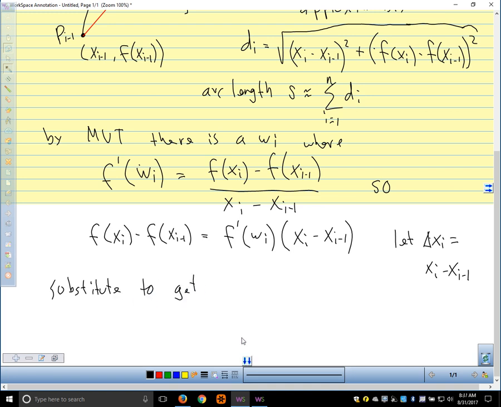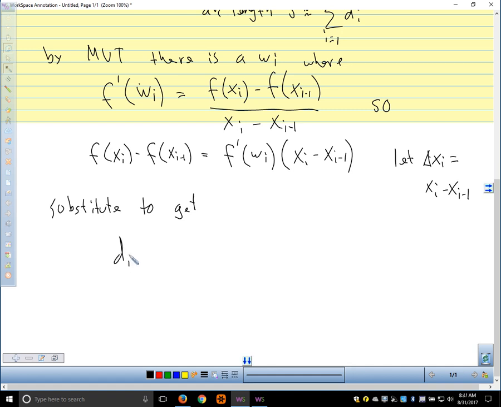To get that, our distance on that interval is the square root of delta x sub i squared plus the quantity f prime of w sub i times delta x sub i, squared.